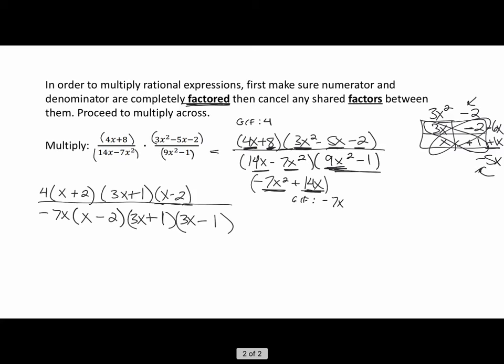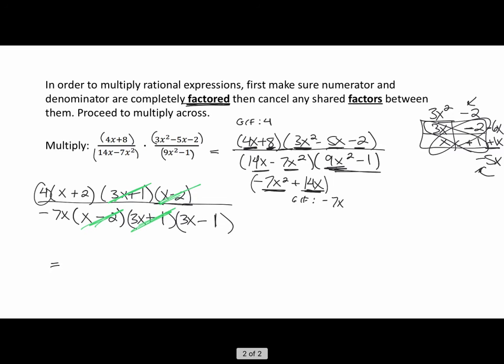And for 1, that's going to be 1. So those are the factors for that last factor. Whew, everything looks factored, right? Well, let's divide factors then. So we have an x minus 2 we can divide, and a 3x plus 1. And that's it.